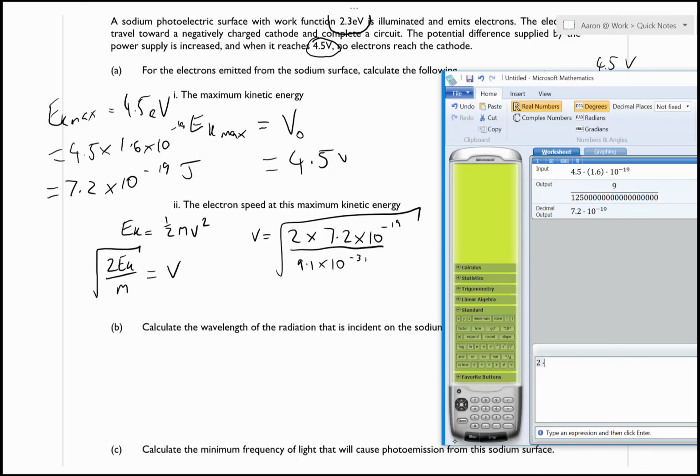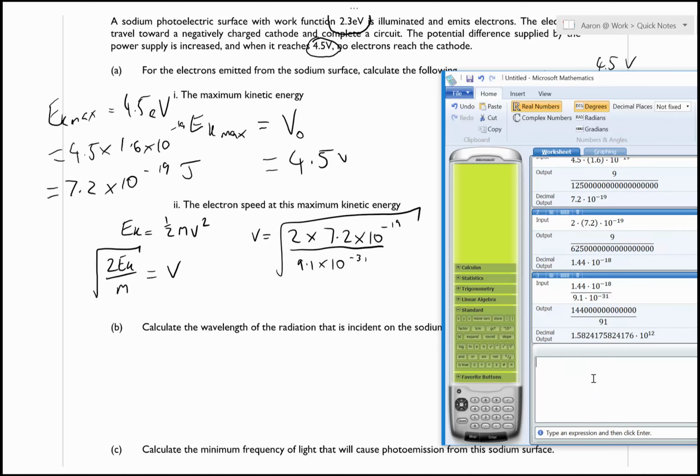So again, let's work this out. 2 times 7.2 times 10 to the power of negative 19. I like to work these out in bits. That's the top of our equation. You could do this with brackets, but I just like it this way a bit better. Divided by 9.1 times 10 to the power of negative 31.